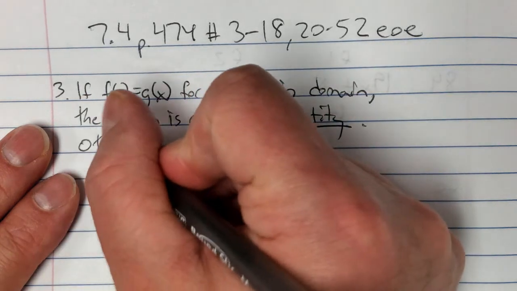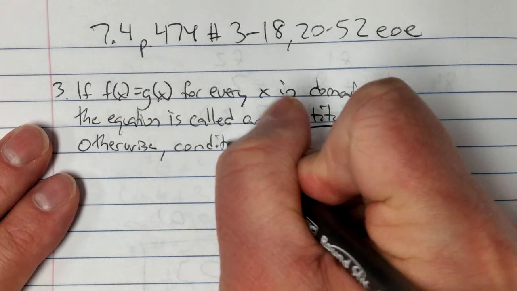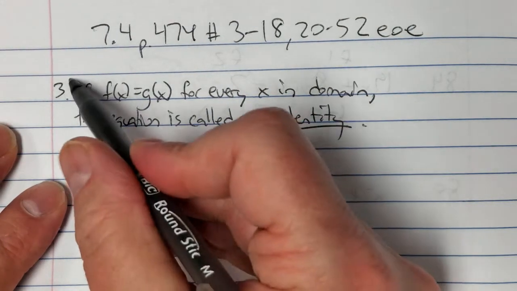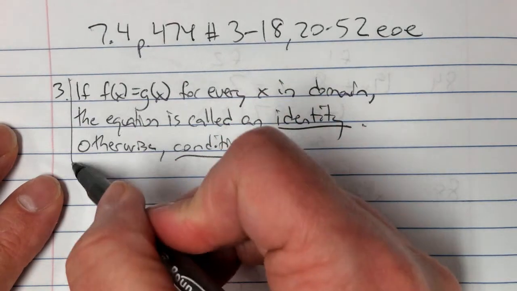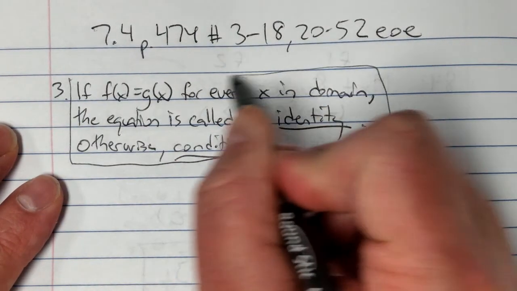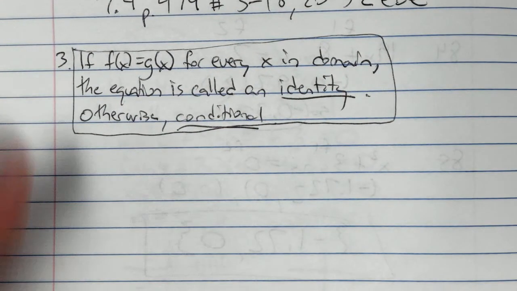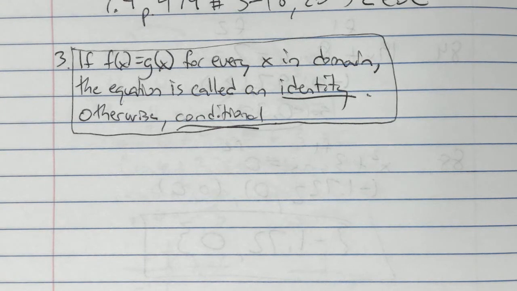Otherwise, it's called conditional. So those would be the blanks if you had this on MathXL, but do write the whole thing. If f of x equals g of x for every x in the domain, the equation is called an identity.